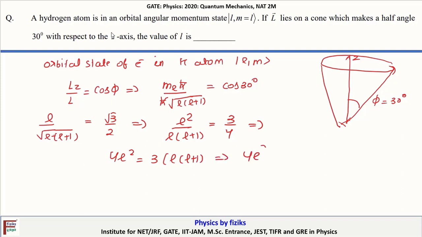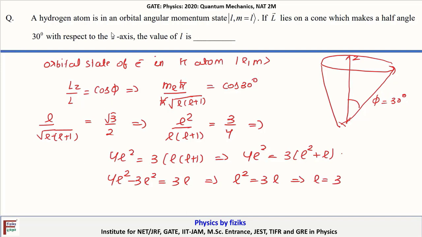That means 4l square equals 3l square plus 3l, so l square equals 3l. Thus our answer is l equals 3.